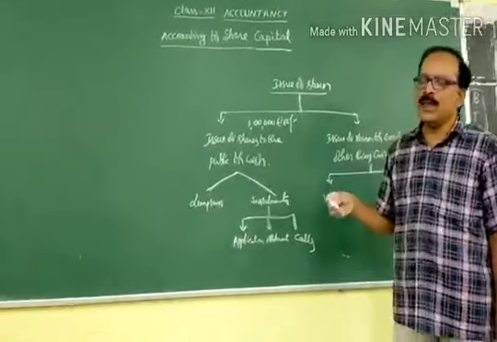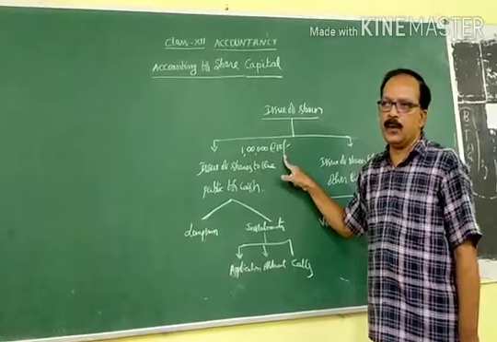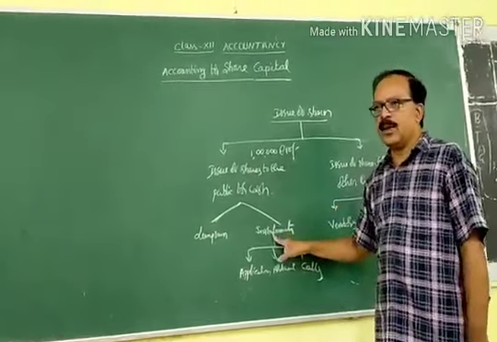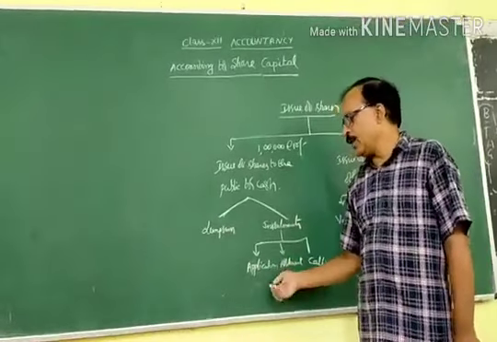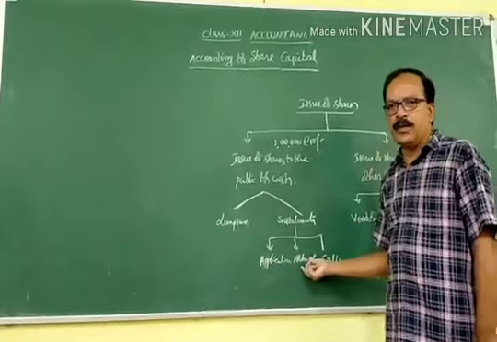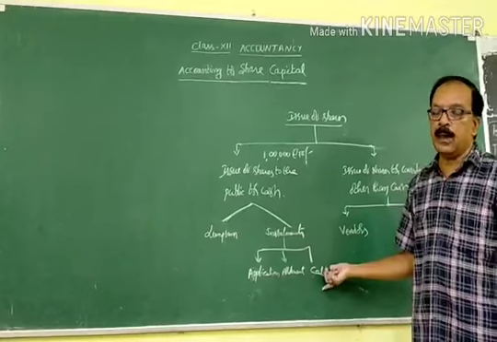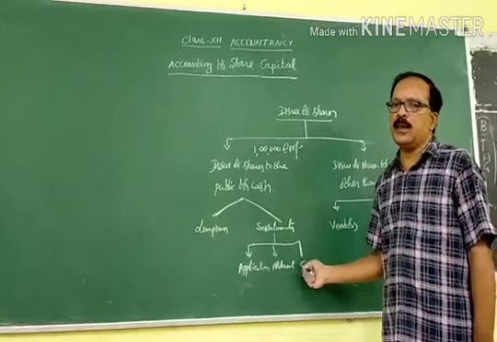But in many cases, companies want to get the entire amount in different installments. Here the shareholder has to pay some amount at the time of application, some amount at the time of allotment, and some amount at the time of calls. Calls may be the first call, second call, third call, or final call.